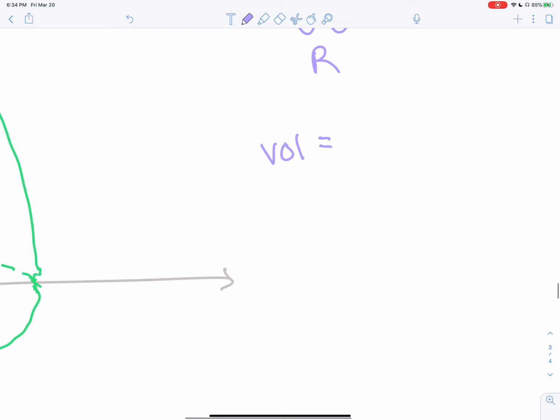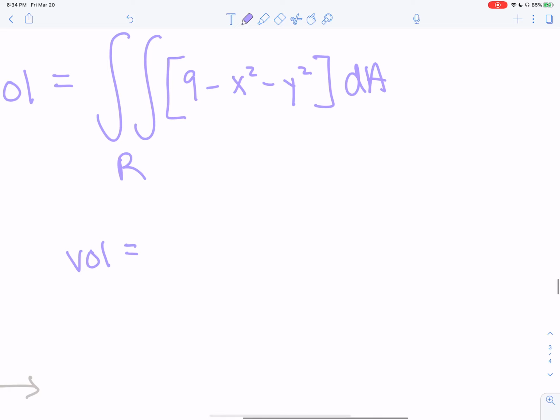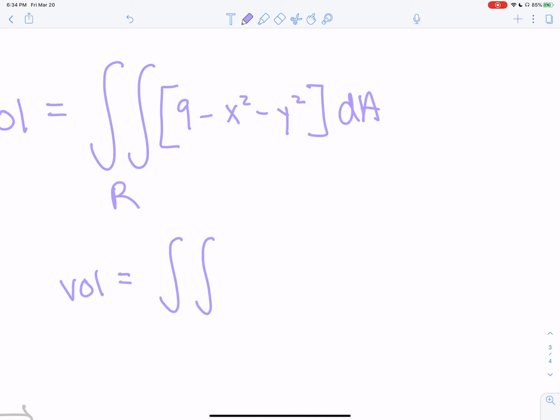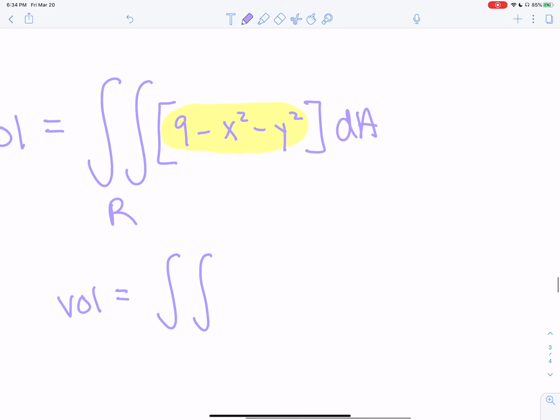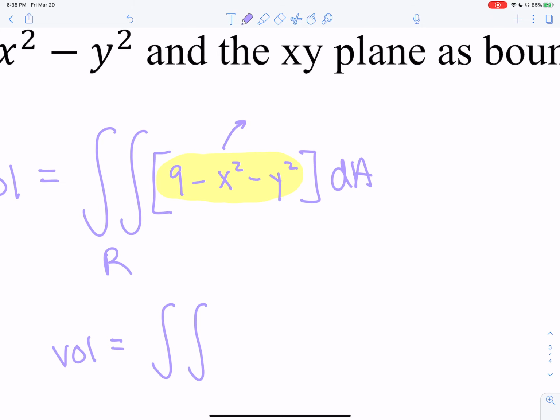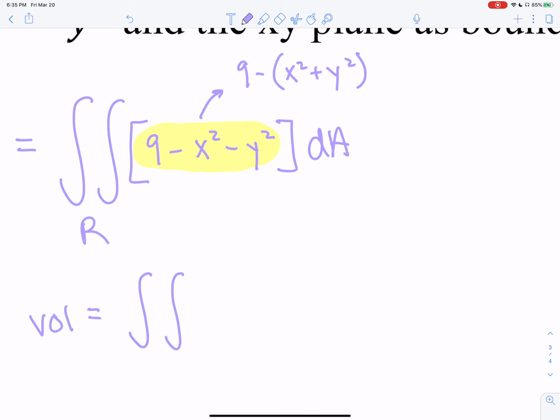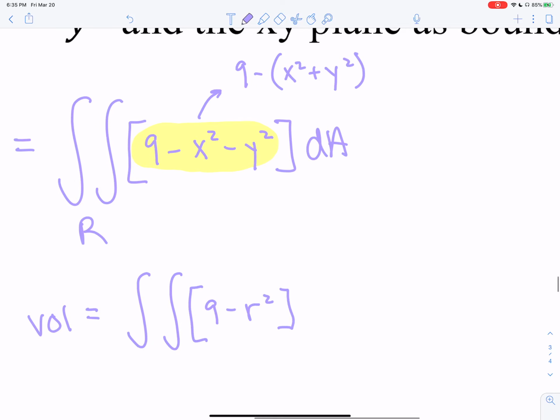So this is a really good candidate for polar. As a consequence, we have to convert our surface into polar. And it might be easier if I rewrite it like this. 9 minus the quantity x squared plus y squared, because that translates really easily into what you should recognize as 9 minus r squared times r dr d theta.